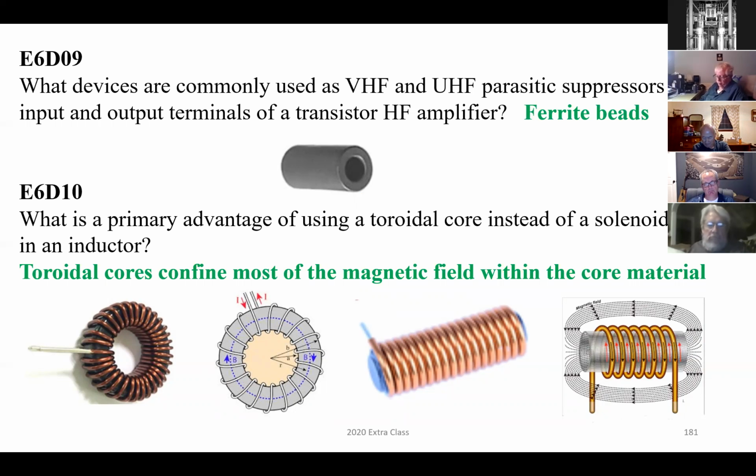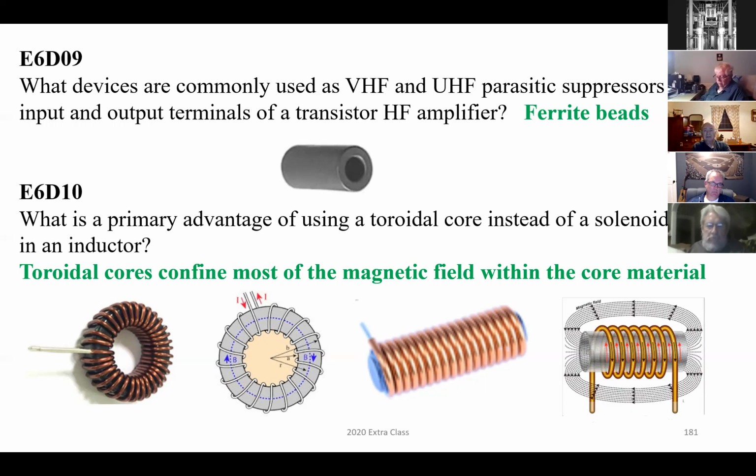Number 10, what is the primary advantage of using toroidal core instead of solenoidal core in an inductor? A, toroidal cores confine most of the magnetic field within the core material.